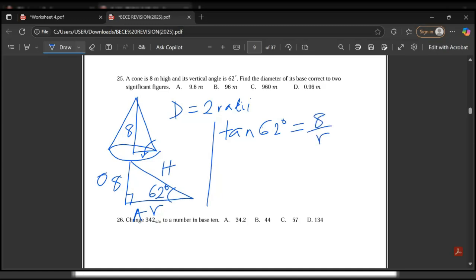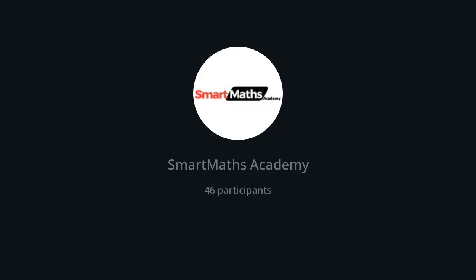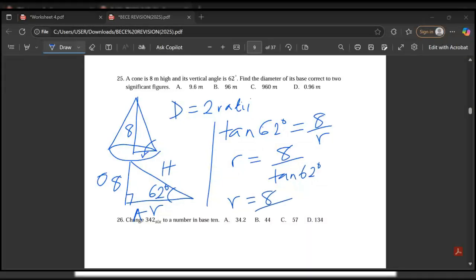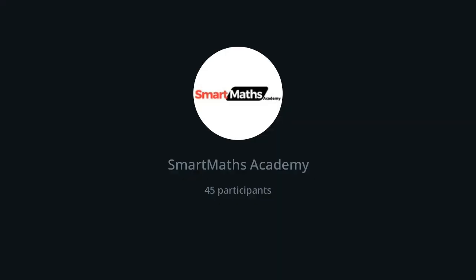When we transpose, r equals 8 over tan 62 degrees. Tan 62 is 1.8807.